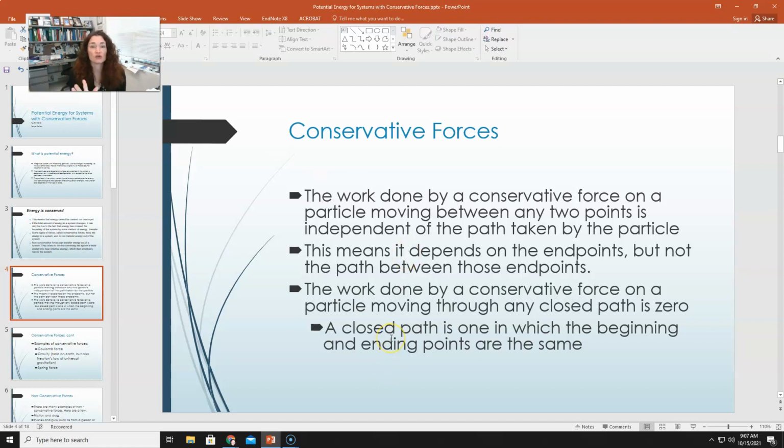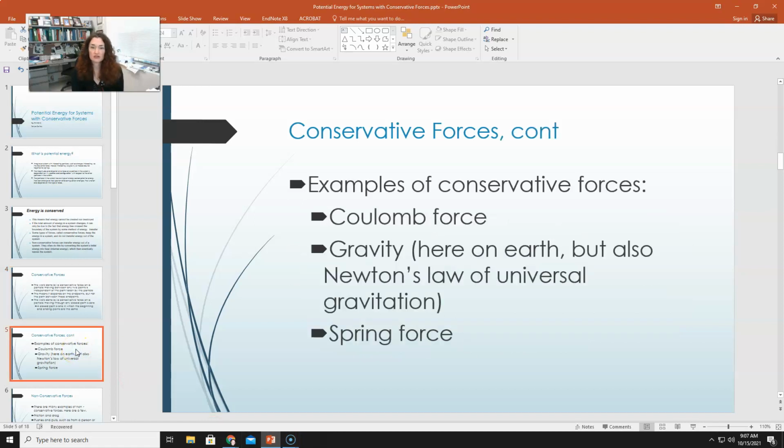So that's a closed path. If you have a closed path, then the work done by a conservative force on that closed path, the net work, is zero. So that's one of the hallmarks of conservative forces as opposed to non-conservative forces. Now, there's several examples of conservative forces, and some of them we'll derive the potential energy function for today. So, for example, the Coulomb force is a conservative force.